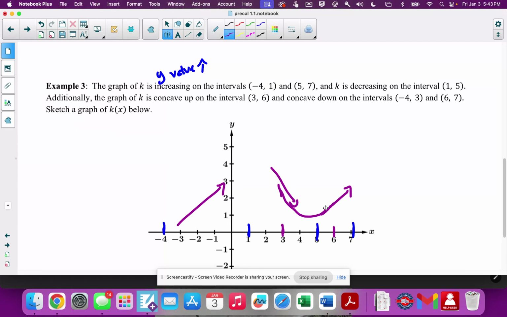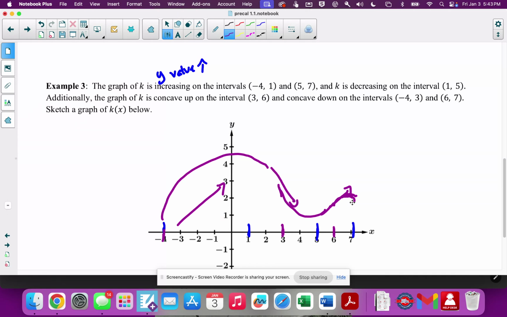And concave down on the intervals from -4 to 3. So you're going to have some kind of curve from -4 to 3 that looks like this, and from 6 to 7. So that means it actually stops at 6 and then starts to go back down like that. There are a lot of different ways that you can draw this.